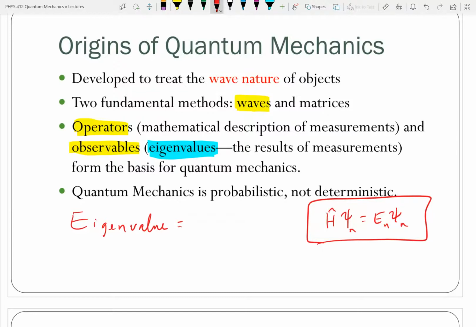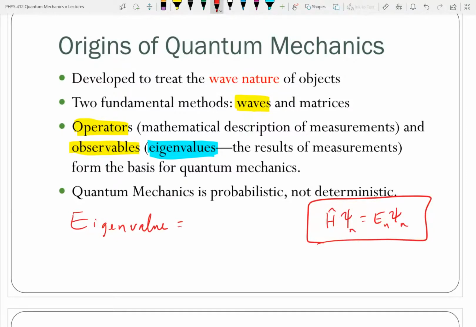If I just put psi, I'd say that's my wave function. If I put psi sub n, yes, that's my wave function, but it's one of the specific states it can be in. And so that's why I'm using different verbiage there. Is equal to the eigenvalue for that state, so it's an E sub n times psi n. So eigenvalue times the eigenstate.